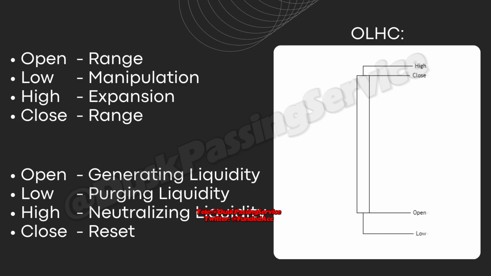For the first half of the day or the first quarter of the day, it literally ranges, and it does that first of all to generate liquidity or to generate open interest, right?